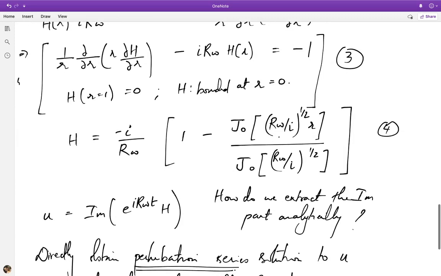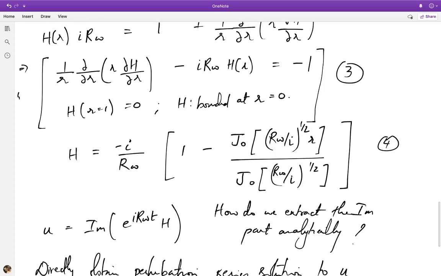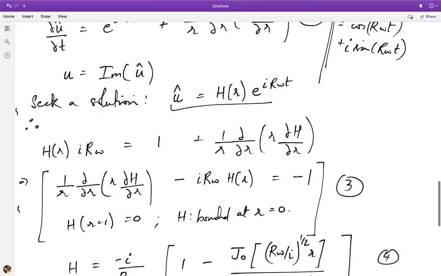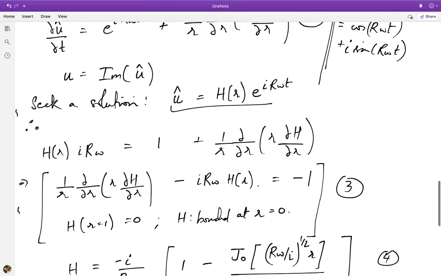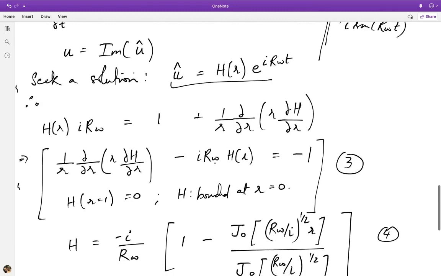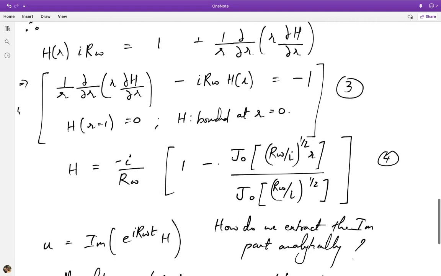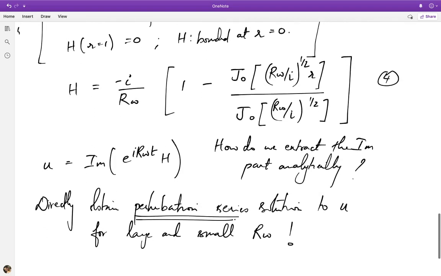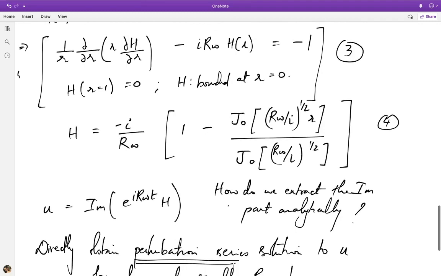One option is to get this exact solution and then use Taylor series expansions and expand it out to get an expression in the limit of small r omega, for example. But rather than go through this route, we'll directly analyze this problem 3 for limits of small r omega or large r omega and directly obtain an expansion for the solution as a power series in r omega using the perturbation method that we have been studying over the past couple of lectures.